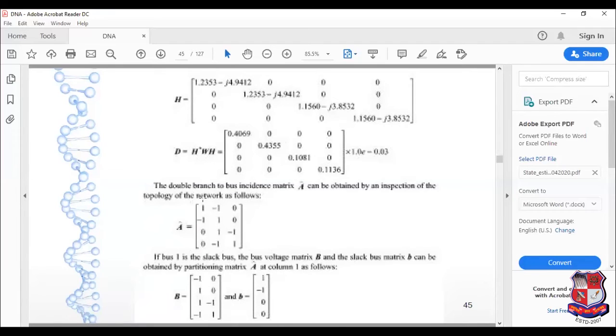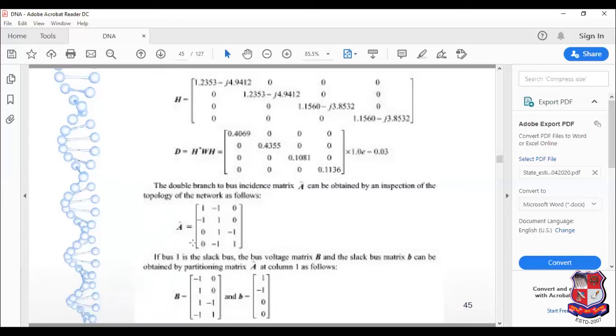The first column will represent bus number 1, the second column will represent bus number 2, and the third column will represent bus number 3. The first row will represent line 1, that is from 1 to 2. The second row will represent line 2, which is from bus number 2 to bus number 1. The third one is from bus number 2 to bus number 3, and this is from bus number 3 to bus number 2.